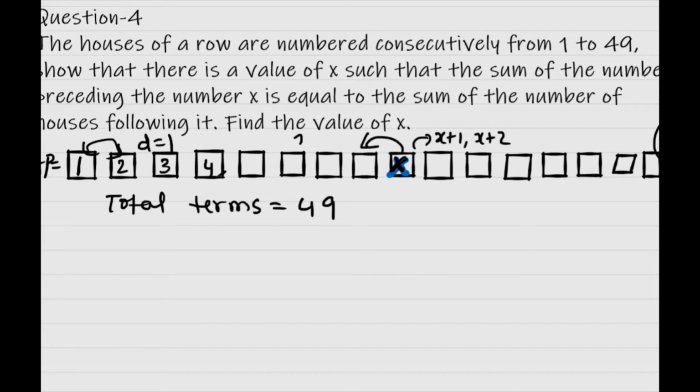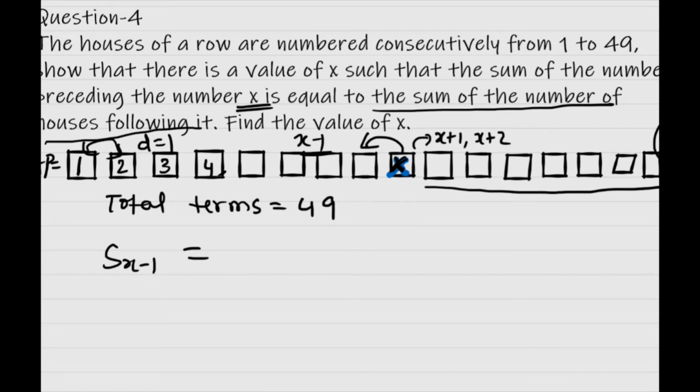Before x there are x minus 1 terms. So as per the question, the sum of the numbers preceding the number x, that means S of x minus 1, is equal to the sum of the numbers of houses following it. So you have to see how many houses are following x. This will be the total 49 houses minus x.